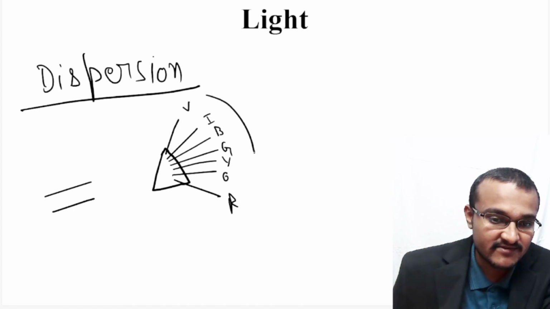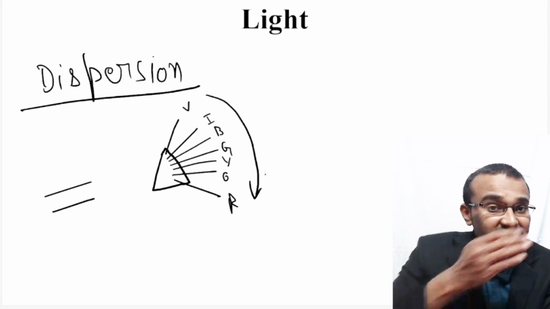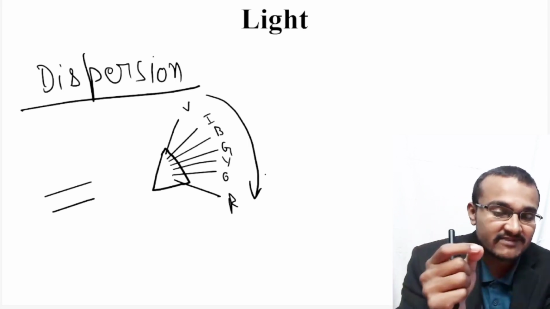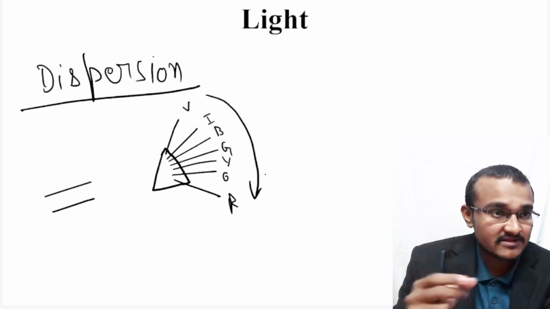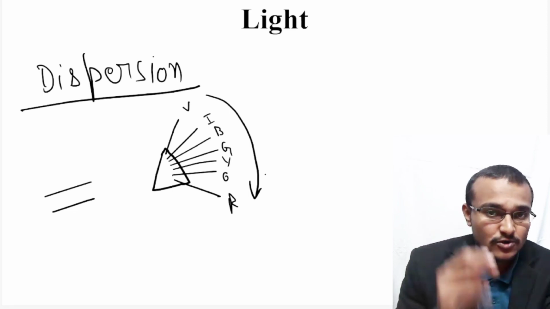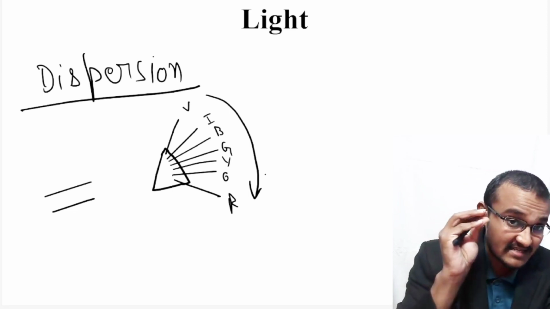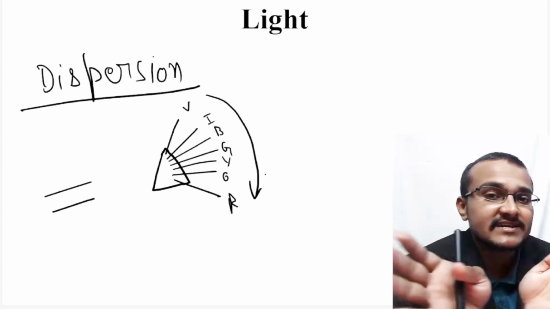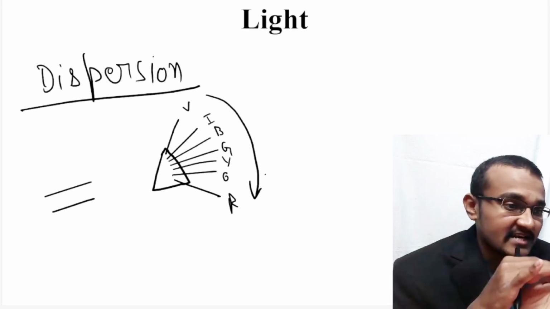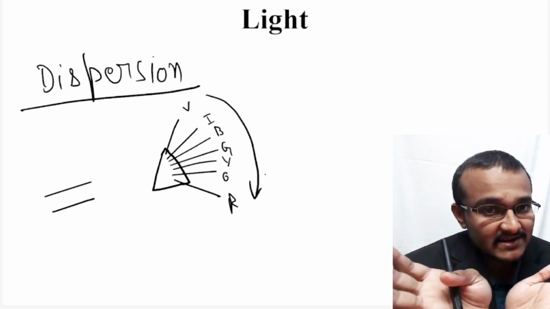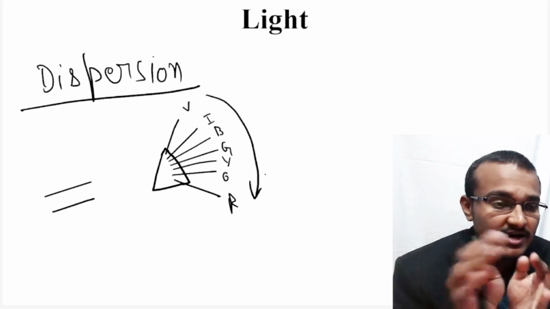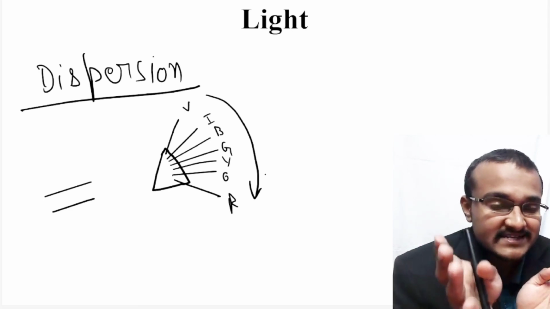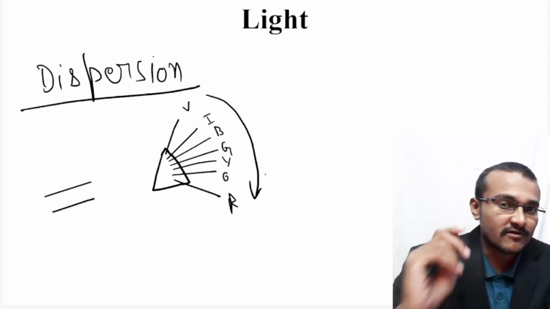Starting from violet till red, the color is shifted. Red has a larger wavelength, violet has a smaller wavelength with more energy. Whenever white light strikes a prism, it splits into 7 different colors starting from violet ending at red. This phenomenon of splitting white light into 7 colors is known as dispersion of light.